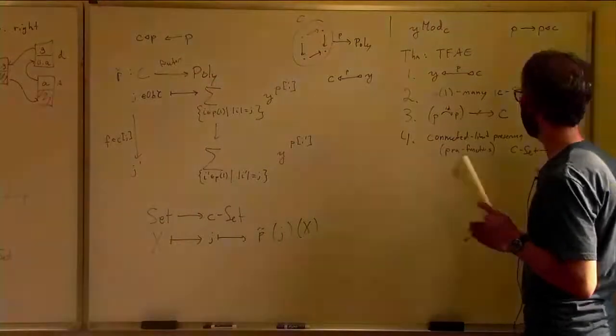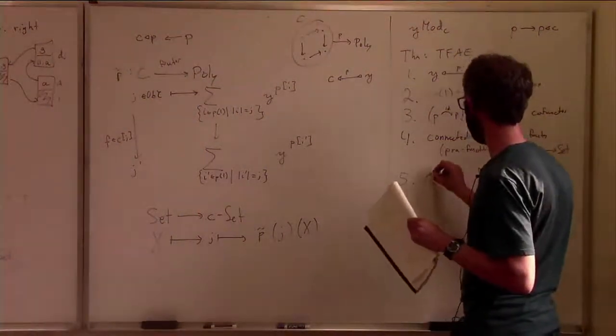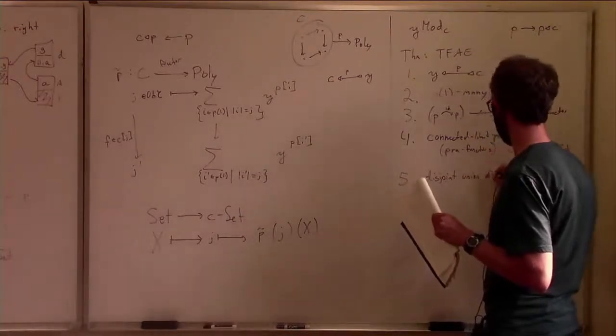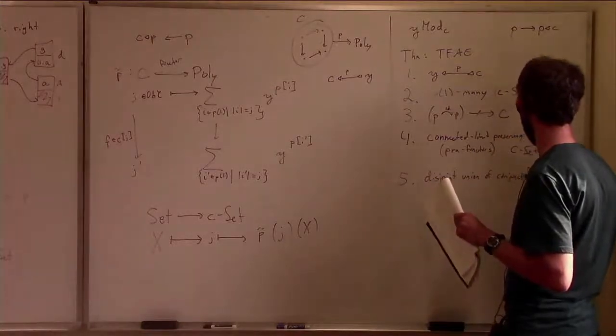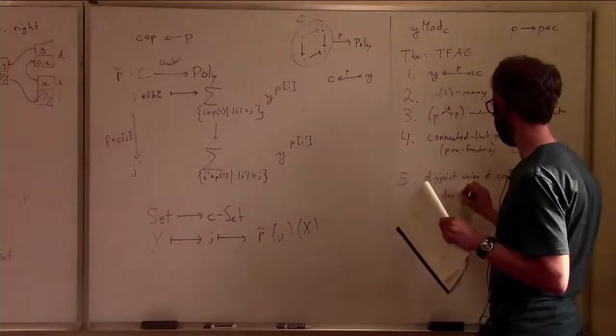Okay, so this takes, and these would be called, maybe I should say another one, disjoint union of conjunctive queries on C. So I'll call these duck queries.